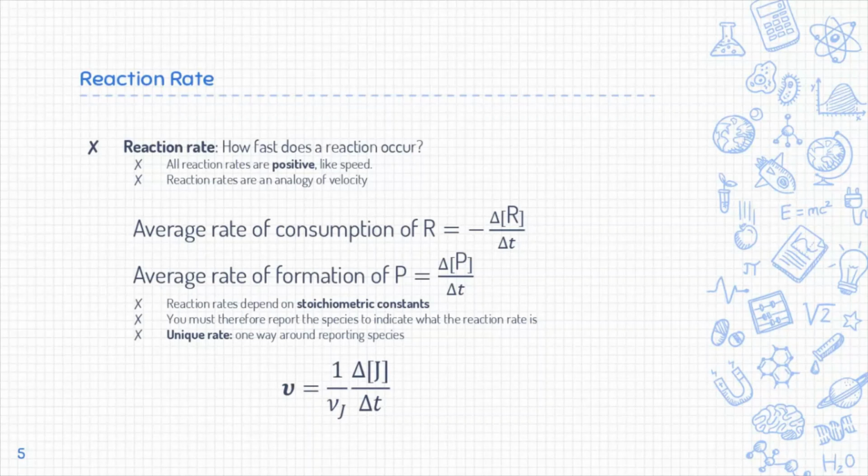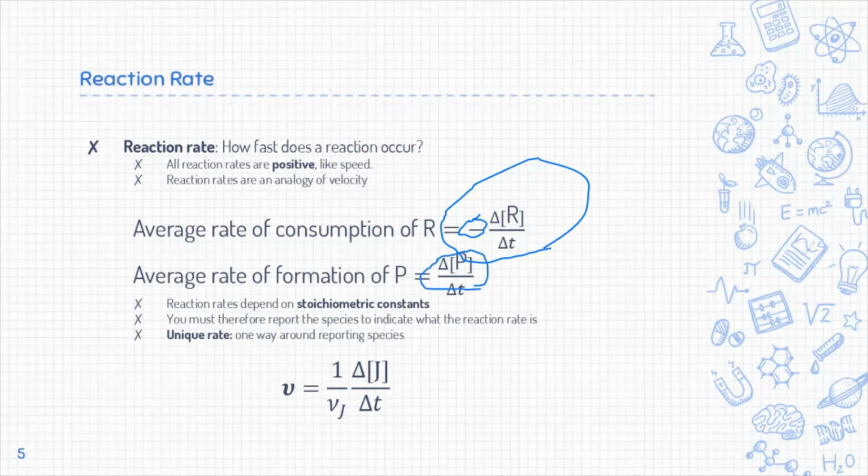So we put the negative value here to make this overall positive. Does that make sense? In the case of the average rate of formation of P, this would already be a positive value, so we don't have to do that. Okay? So basically, what you have to take out of this is reaction rate is always positive.